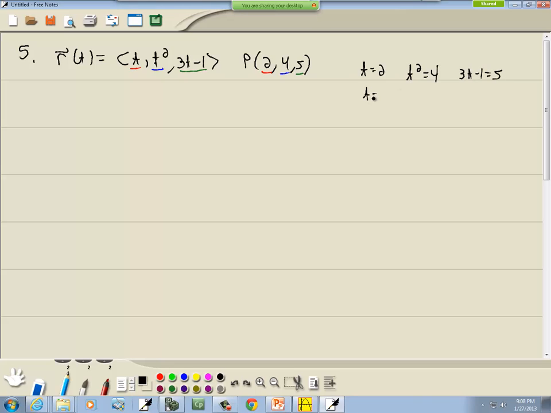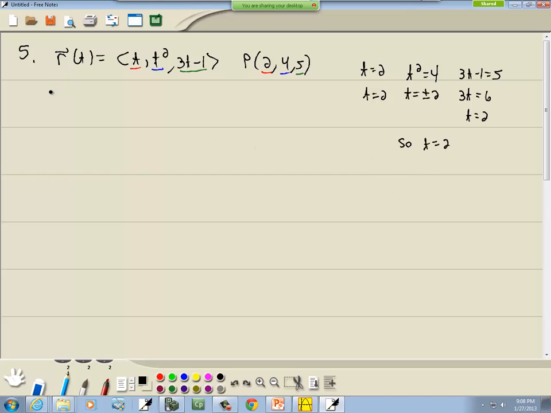And of course, this is just t is equal to 2. This is square root property. Drop your squared, put a plus or minus square root on the other side, and we get t is equal to plus or minus 2. Here, take negative 1 over. We get 3t equals 6, or t is equal to 2. So what they all have in common is t is equal to 2. So that's the one we're going to use.